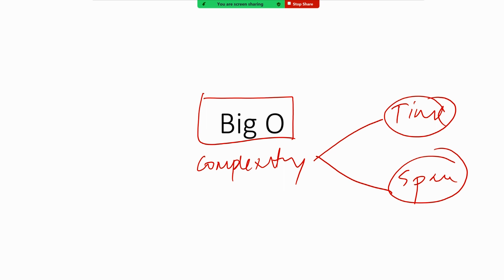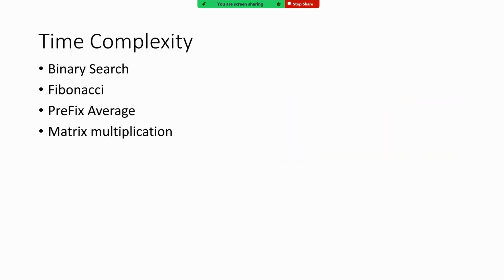So big O notation is a concept that focuses on the complexity, both in terms of time and space. And what we want to do is think in terms of what happens as you increase the number of elements that you're working with. In our case, that number is n.